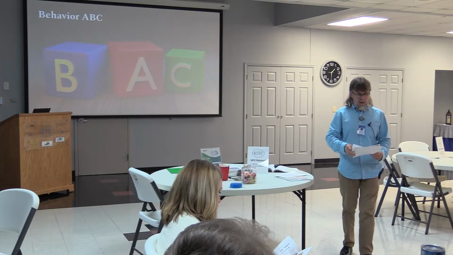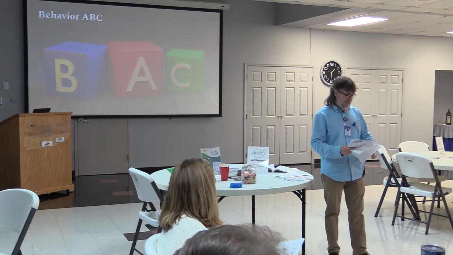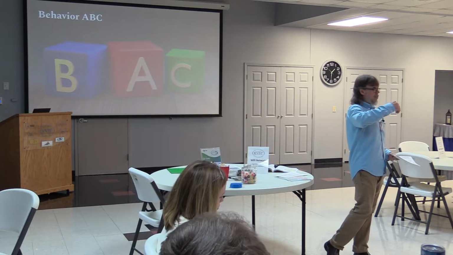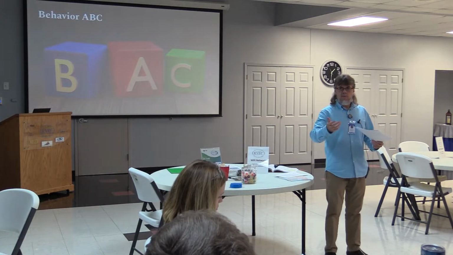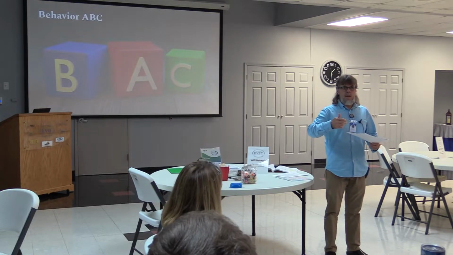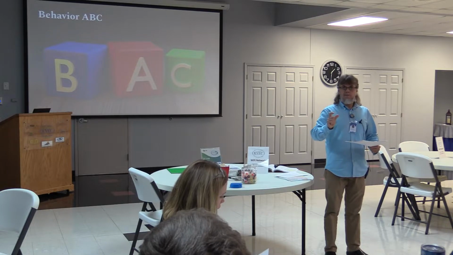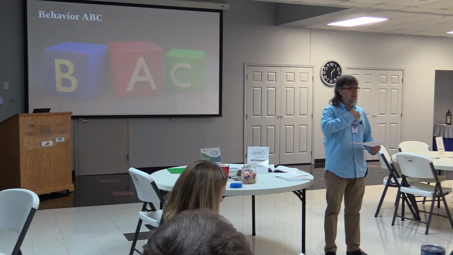The next one is also an ABC checklist. On this next one, sometimes you'll be asked to do an observation in your classroom to help the teachers determine how often a behavior occurs, and you'll use a frequency count. You can count how many times a behavior happens.